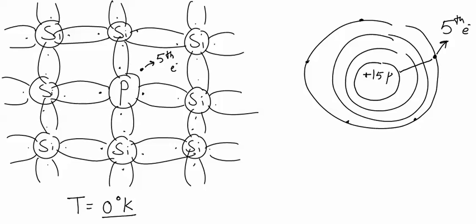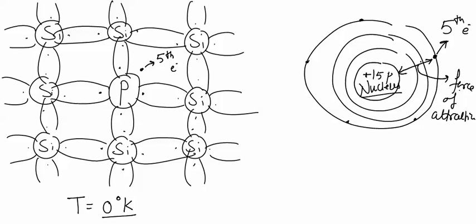This fifth electron will be revolving around this nucleus, and this electron, we can say it is not free, means it cannot take part in conduction unless the force of attraction between this positively charged nucleus and this negatively charged electron is overcome.